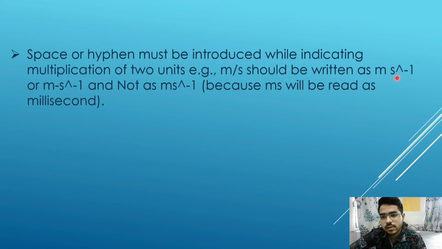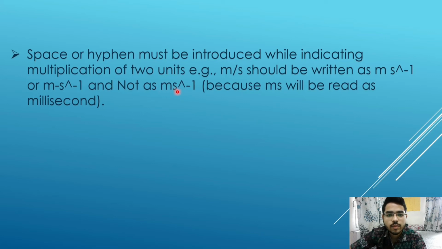should be written as meter space second raised to minus 1, or meter dash second raised to minus 1, and not meter second raised to minus 1, because we would actually calculate this wrongly.